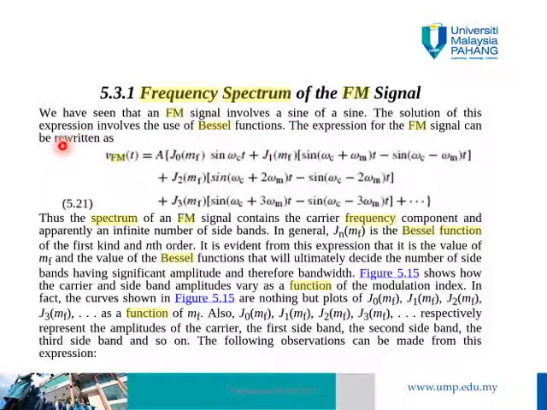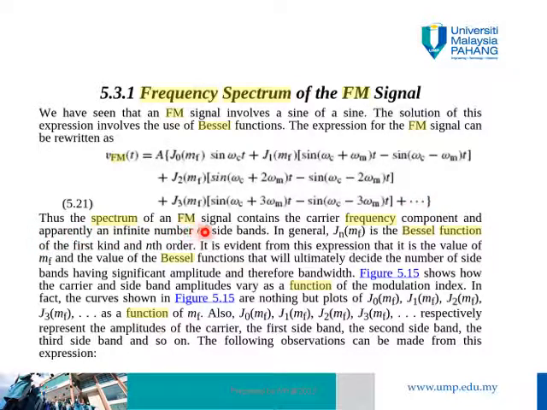The expression of the FM signal can be written as v_FM(t) = A [J0(mf) sin ωc t + J1(mf) (sin(ωc + ωm)t − sin(ωc − ωm)t) + J2(mf) (sin(ωc + 2ωm)t − sin(ωc − 2ωm)t) + J3(mf) (sin(ωc + 3ωm)t − sin(ωc − 3ωm)t) + etc.